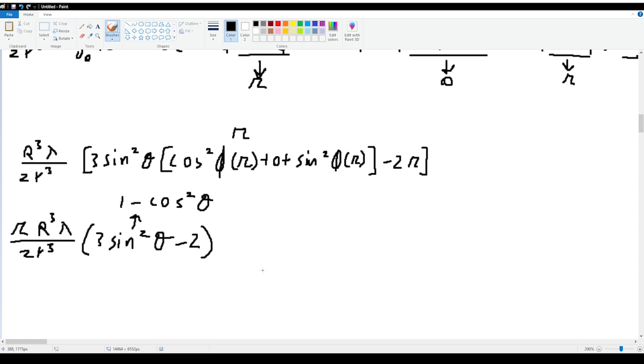And in doing that, we're able to get 1 minus 3 cosine theta. And if we were to pull out a negative sign, we'd get negative of what we had before. And sorry, I forgot the 2.